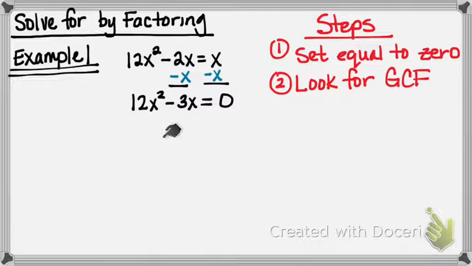So I'm looking at both of these terms, and I'm trying to figure out what my greatest common factor would be. Any ideas? 3. I agree we could take out a 3. What else can we take out? What else do they both have? X. Yes, the greatest common factor sometimes is a number and a variable. So for this example, it's 3x.